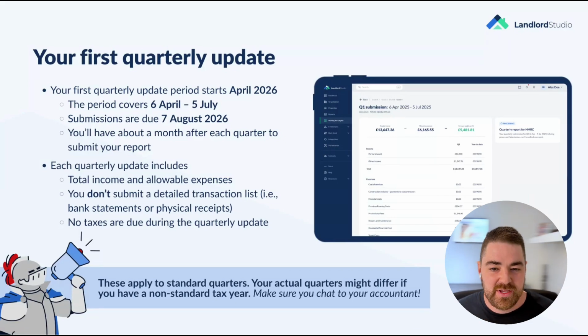So just to recap, each quarterly update is going to include all your total income and allowable expenses for that quarter. What you don't submit is detailed transaction lists, bank statements, or physical receipts. It needs to come from a product like Landlord Studio. You don't need to submit property addresses, tenant names, capital gains, any of that sort of information.